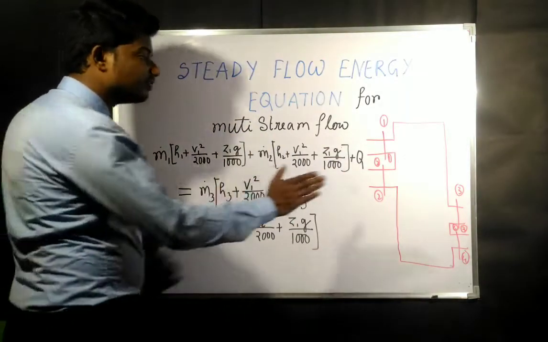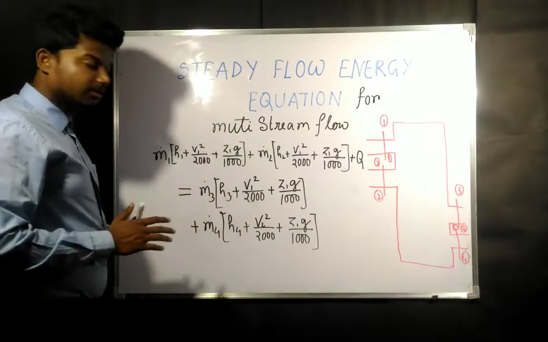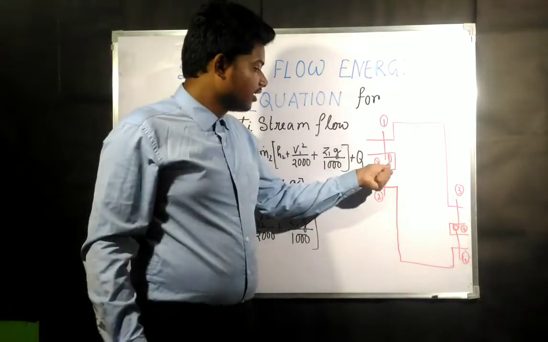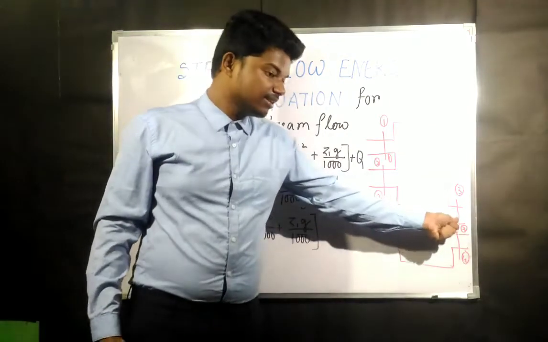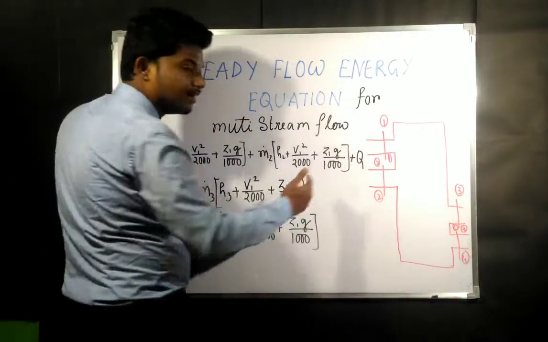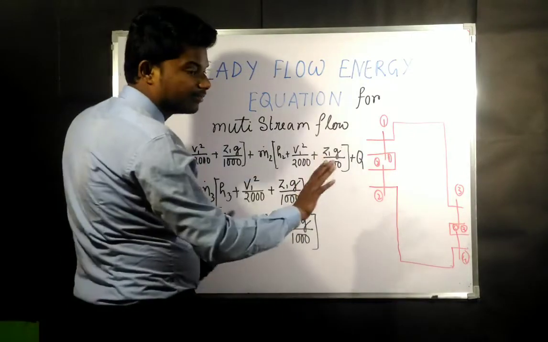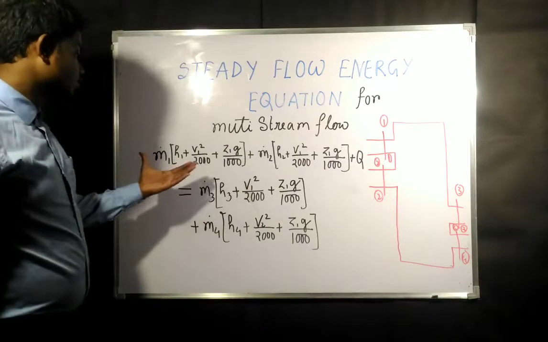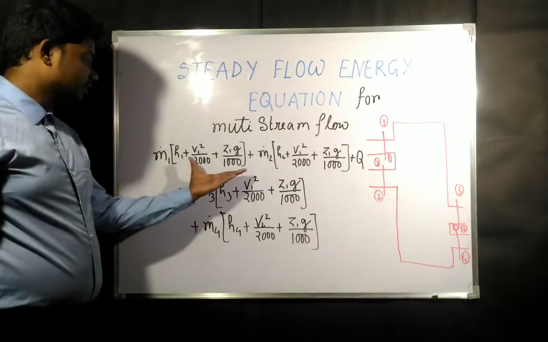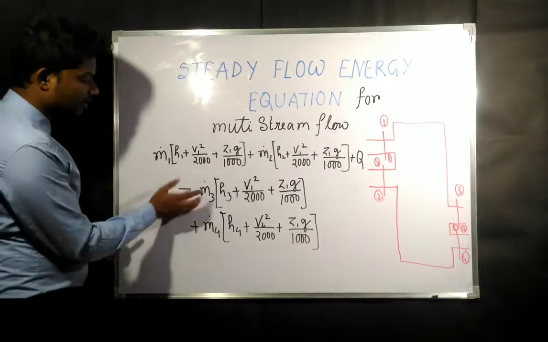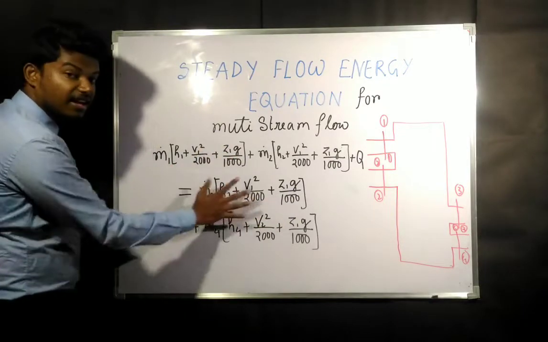Similarly, in this case the inlet cases are 1 and 2 and the outlet cases are 3 and 4. So the inlet properties will be whatever the properties are for 1 and 2, and we have written the same on the left hand side.